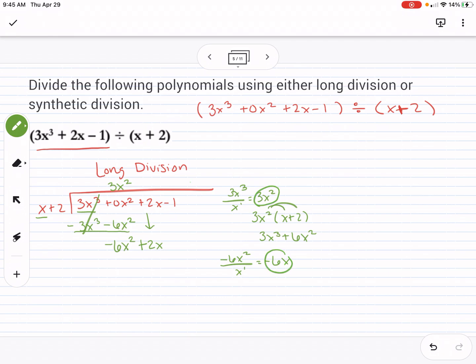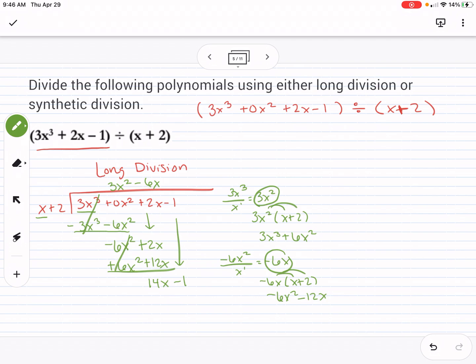This is part of my answer, so I put it on top. And then I'm going to multiply that by the x plus 2. Remember, when you write it underneath, you're going to change signs. So here I get 14x. And now I'm going to bring down my 1 and I'm going to repeat these steps one more time.